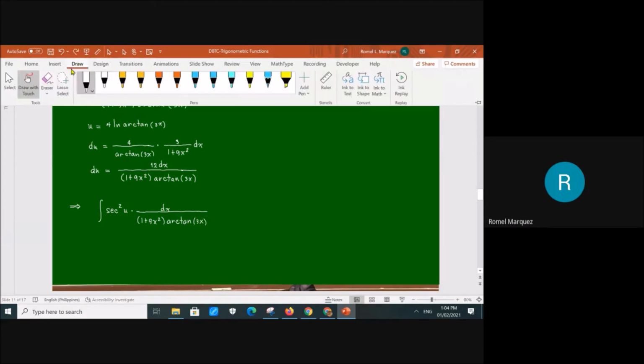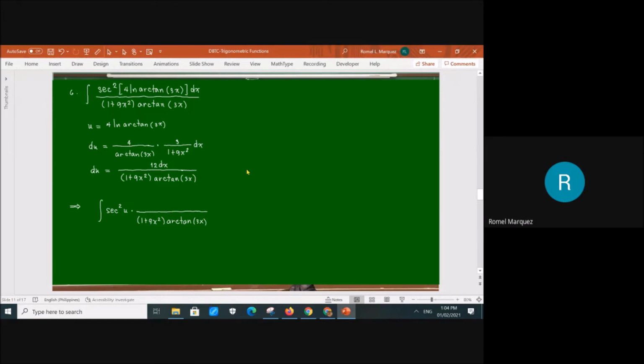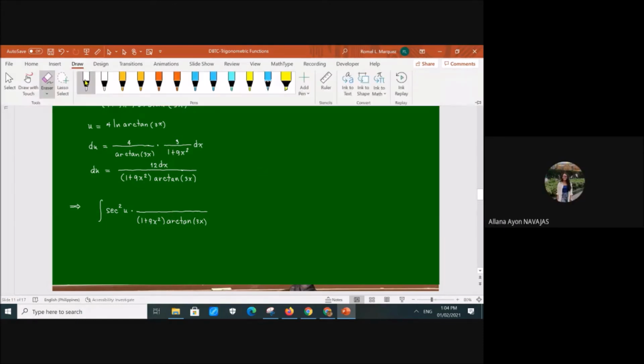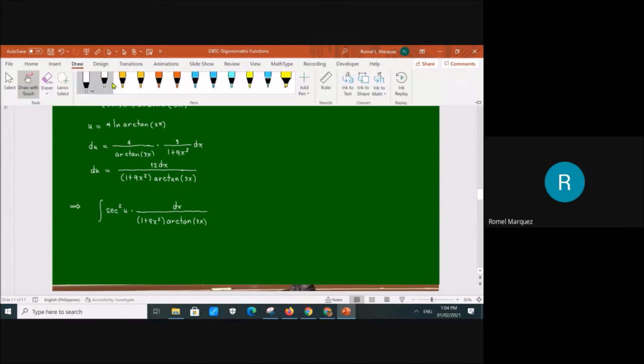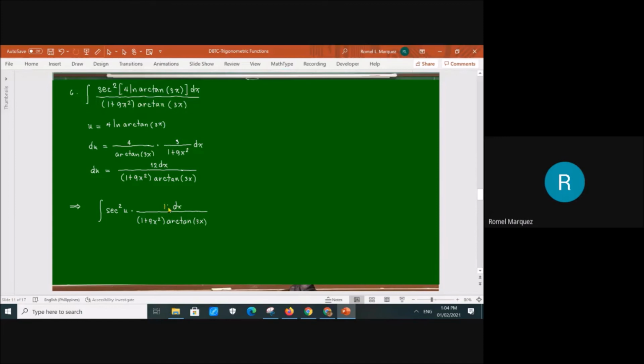So, what am I going to supply in the numerator? 12, sir. So, I'm going to multiply by 12, then balance outside by 1 over 12. So, this is now secant squared u du.